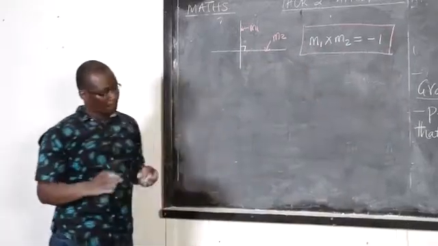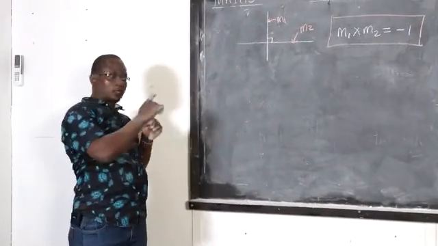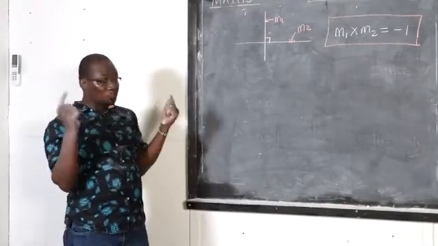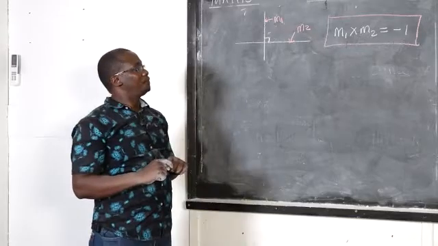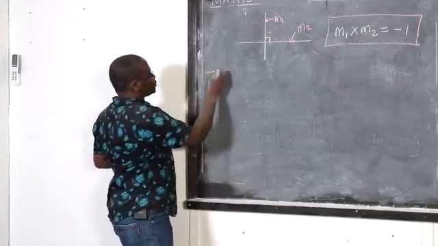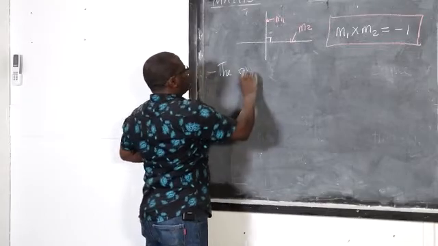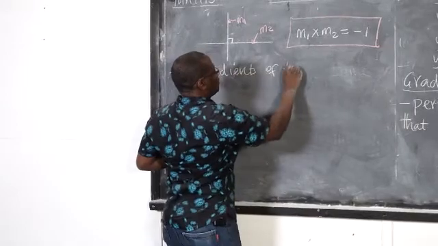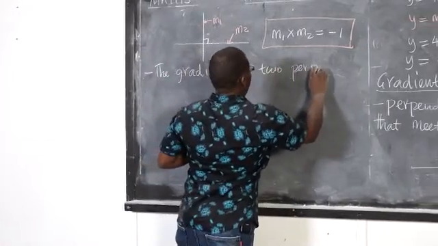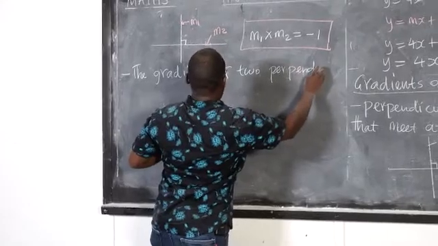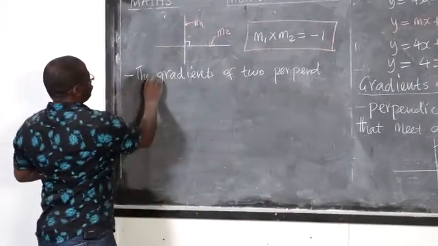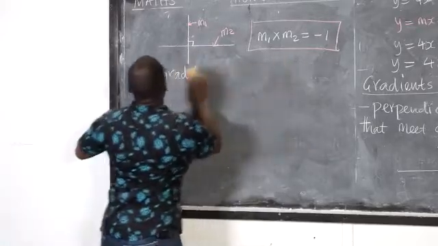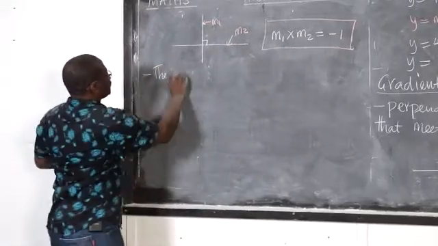Very, very important. Most students confuse the relationship between the gradients of parallel lines and perpendicular lines because they don't get the difference. I think you need to put this down: the product of their gradients is always -1.